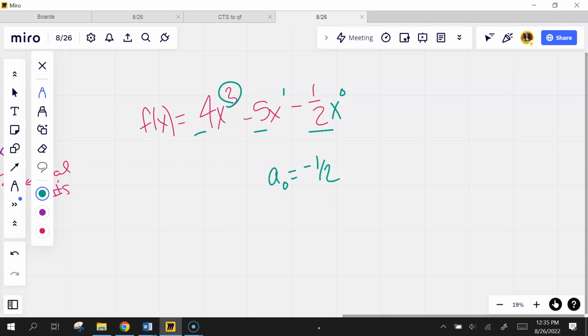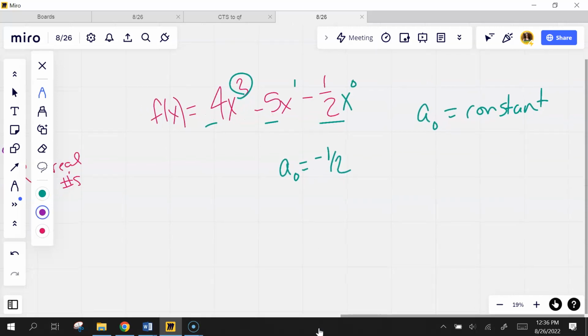A sub 0 is always going to be your constant because whenever I do x to the 0, what is it? 1. Anything to the 0 power is 1.